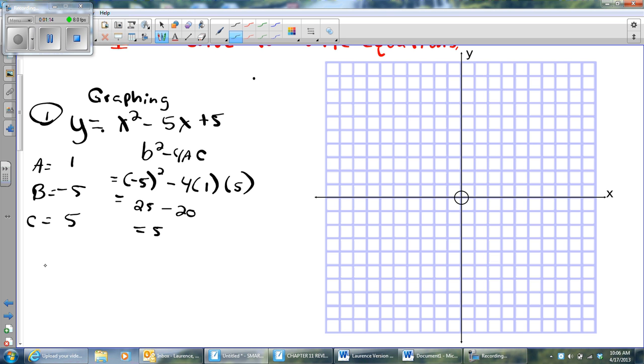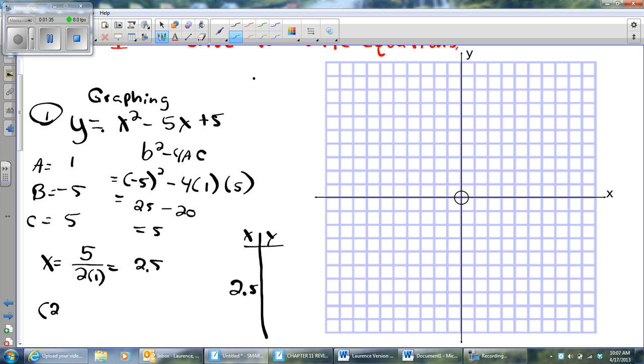All right, I'm going to go looking for my vertex. X equals the negative of b over 2a. Well, that's going to be 2.5. That's the x coordinate of the vertex. Now I'm going to look for the y coordinate of my vertex. I'm going to put 2.5 in for x.